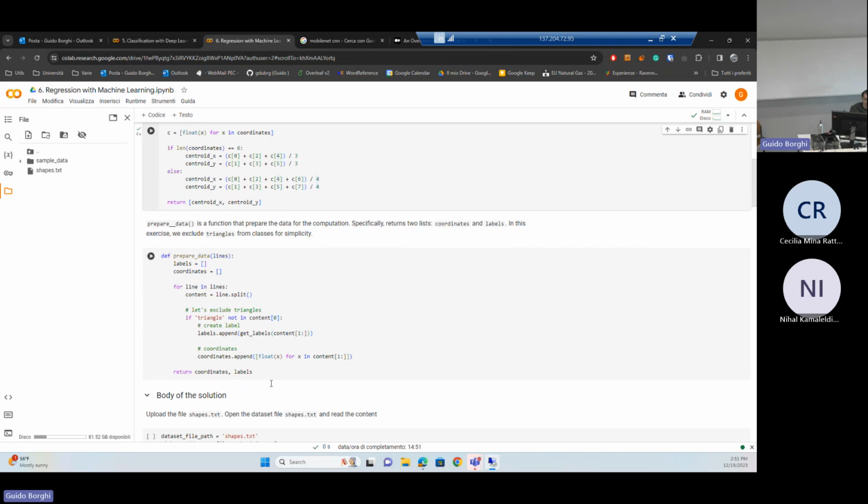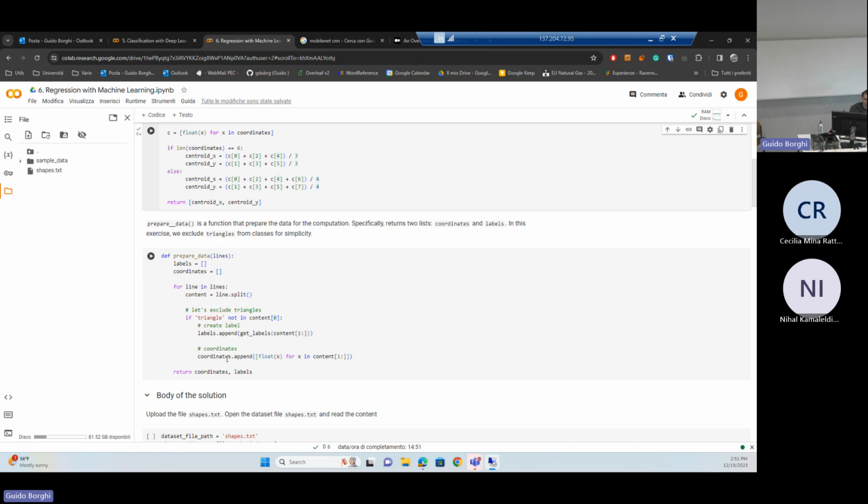And here we have the method to prepare data, that is the same function that we used in our exercitation in machine learning. You can see that the structure is the same. We are going to exclude the triangles for simplicity, but you can try to also include triangles in your computation.